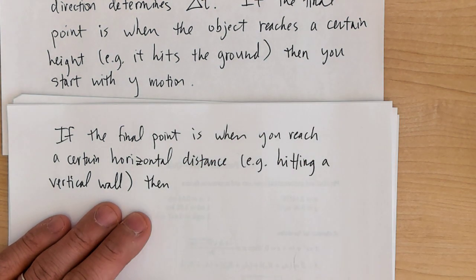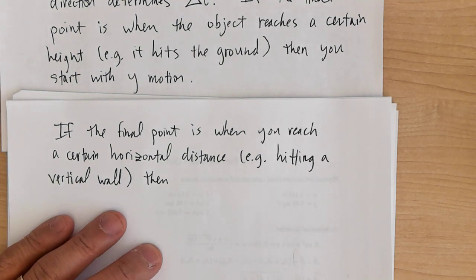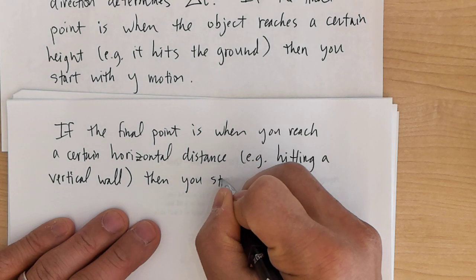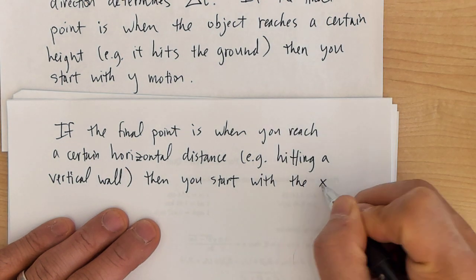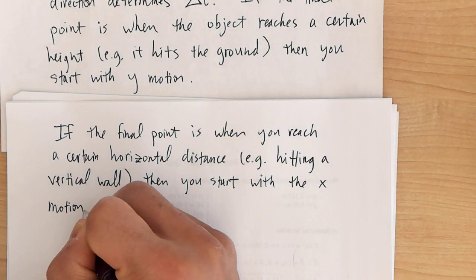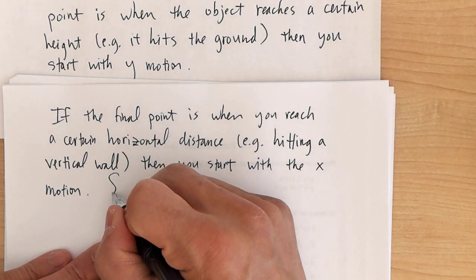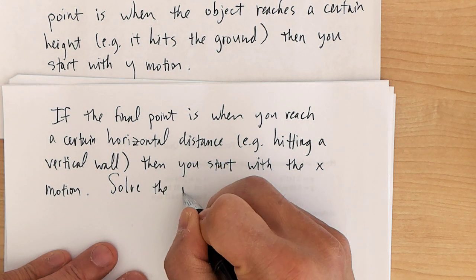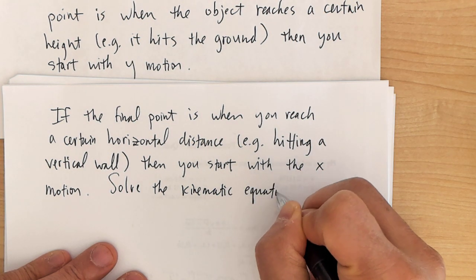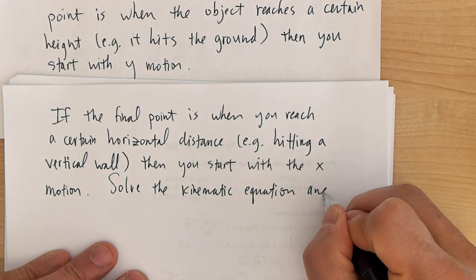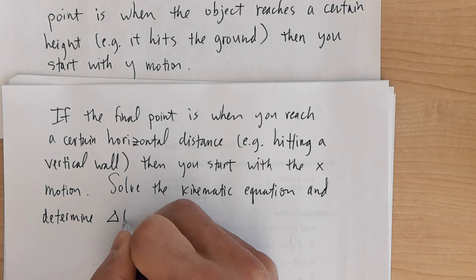Then, in this case, how far it goes horizontally determines the final time. Then you start with the x motion. In either case, whether you start with the x or you start with the y, solve the kinematic equations and determine delta t.